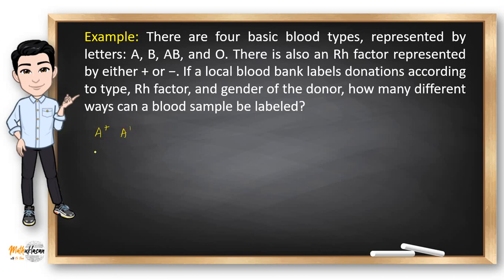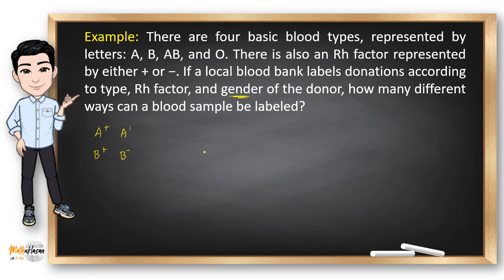Okay, if you're B, then you can be classified as B plus or B minus. Now, if a local blood bank labels donations according to the type, Rh factor, and look at here, the gender of the donor, say male and female. Now, how many different ways can a blood sample be labeled? So it's easier for me to solve these kinds of problems by creating blanks or lines.